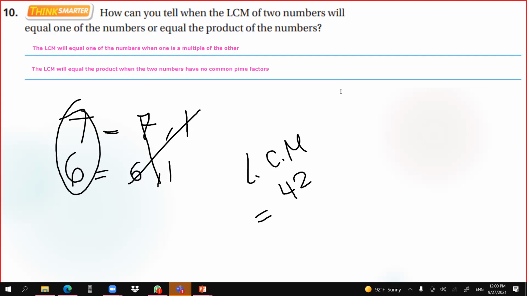So the first case here, I will take like 3 and 12. Since 12 is a multiple of 3, the least common multiple here will be 12. But the second case, like numbers 2 and 3, there's no common factor between 2 and 3. So the least common multiple will be the product of these two numbers, which is 6.